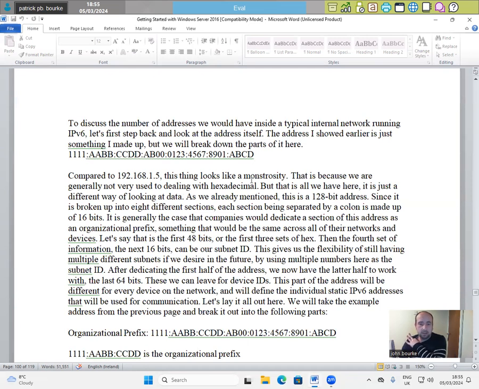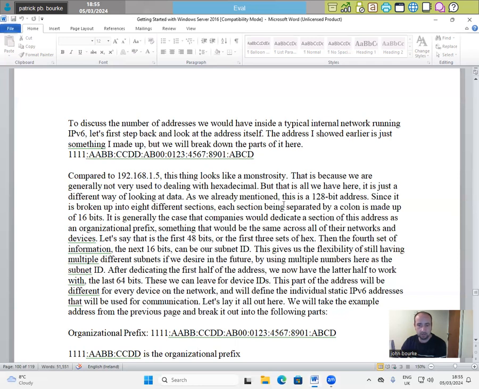This thing looks like a monstrosity. That is because we are generally not very used to dealing with hexadecimal, but that is all we have here. It is just a different way of looking at data.